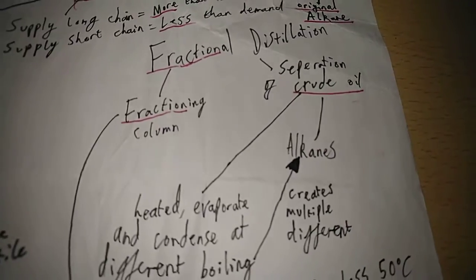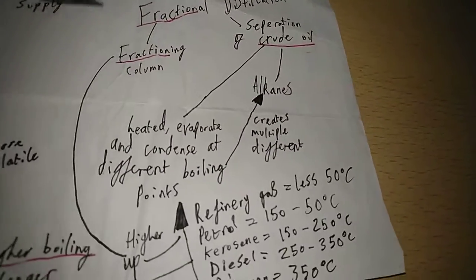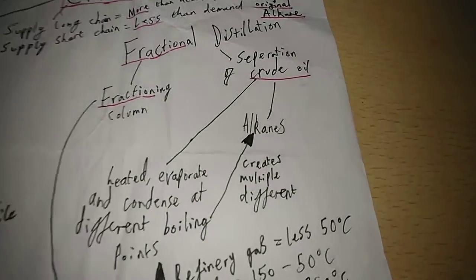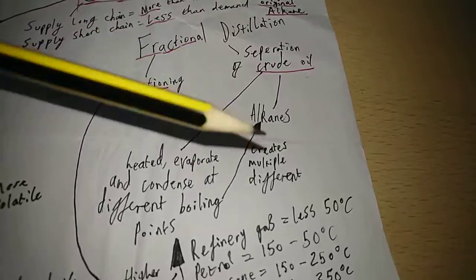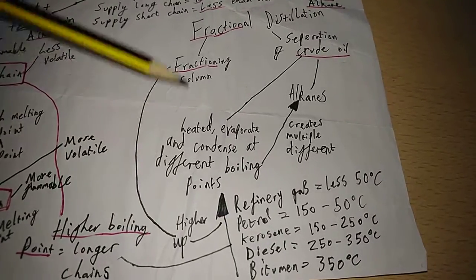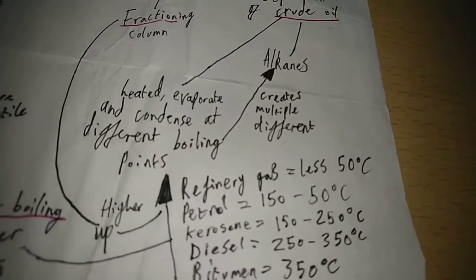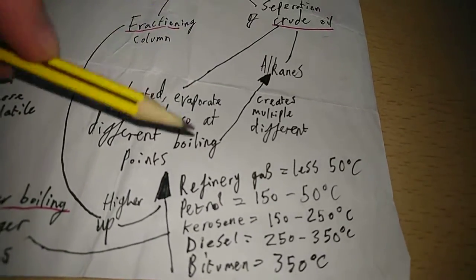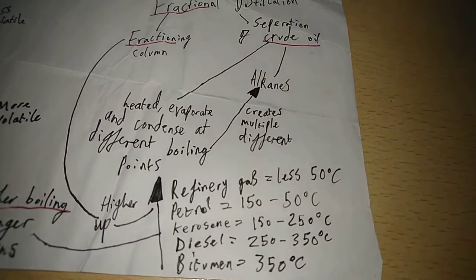Let's move on now to fractional distillation. Fractional distillation is done on a fractionating column. It involves the separation of crude oil, which creates multiple different alkanes, as they are heated, evaporate, and condense at different boiling points. At different points these will evaporate and condense in different places.